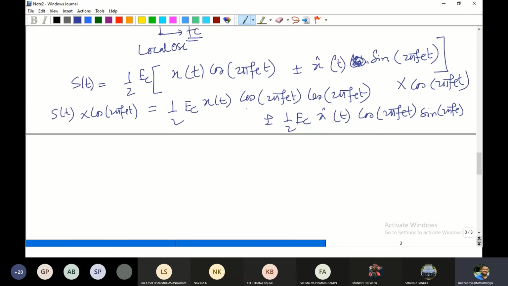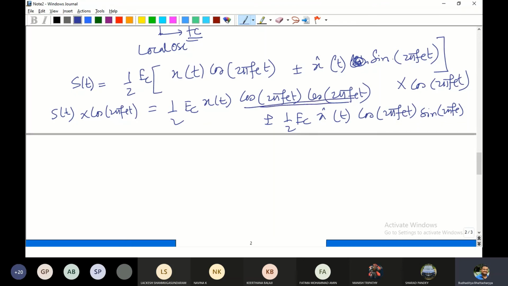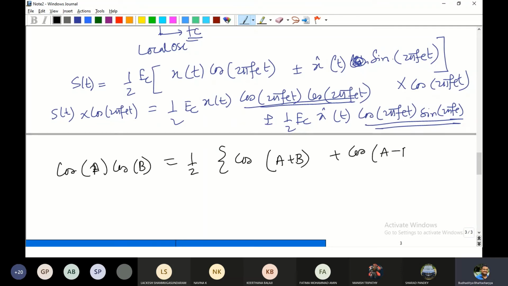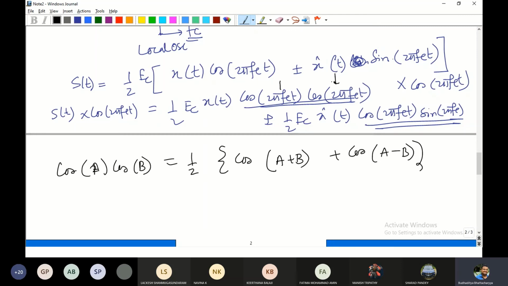Now here you can see there are two terms coming, so A and B. If you remember the trigonometric identity, cos A multiplied by cos B is half of cos of A plus B plus cos of A minus B. The same thing is applied here, where A and B are the same.